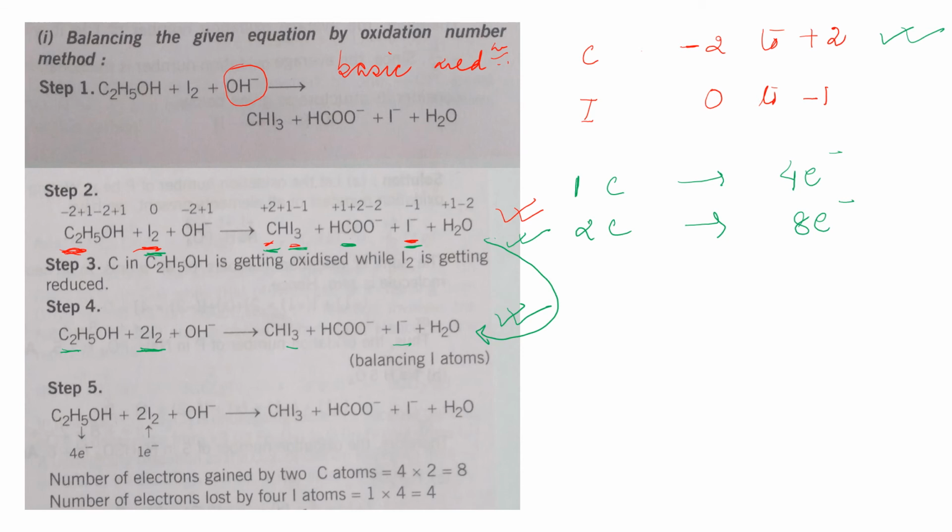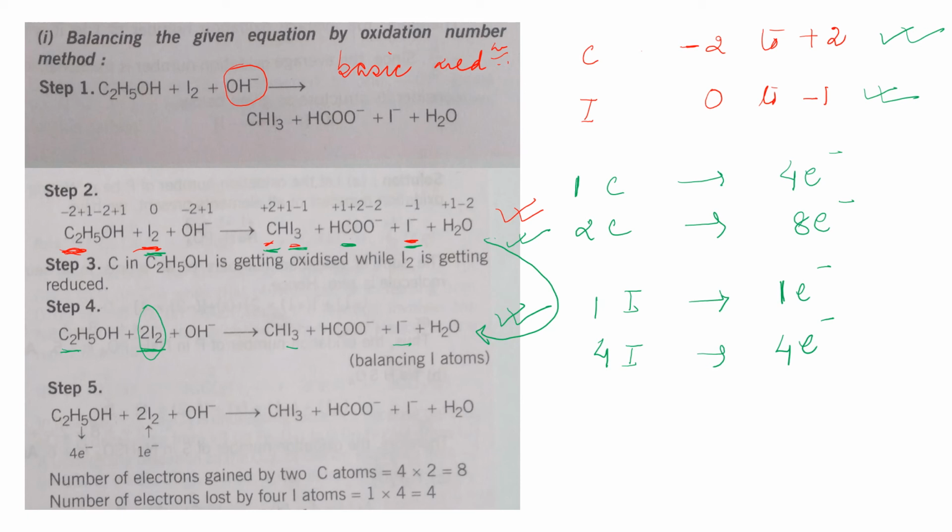For iodine, now you can see that one iodine is gaining only 1 electron. But I have a total of 4 iodine. See here, 4 iodine. So 4 iodine will gain 4 electrons.